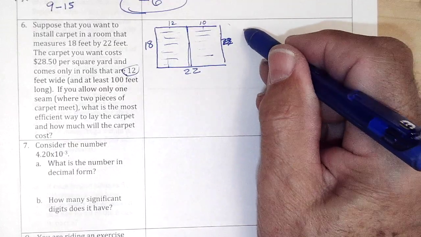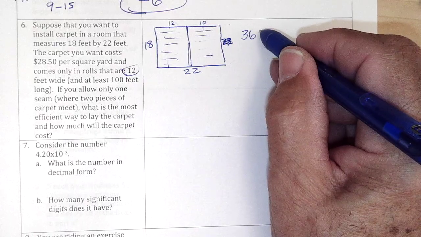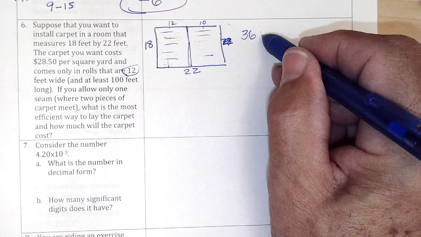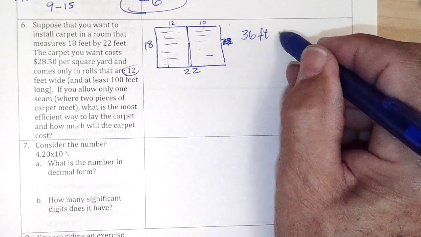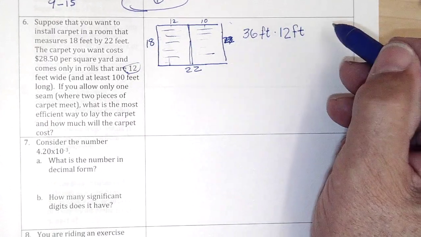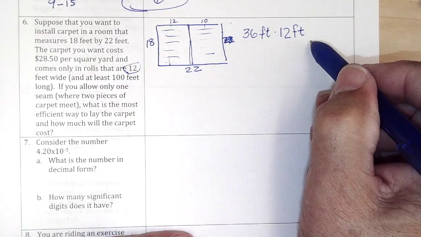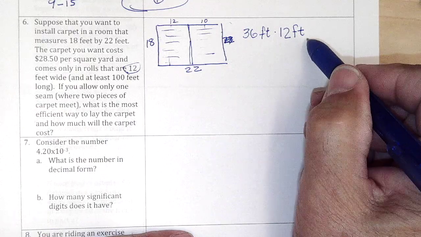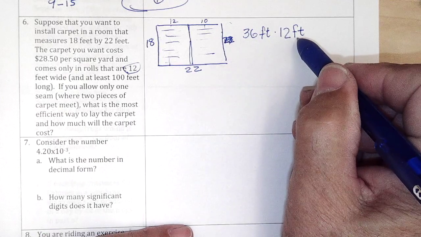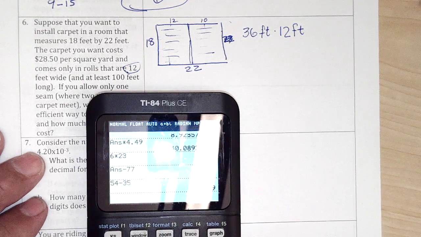So I have to buy 36 foot long roll. That's 12 foot wide. And now I have to convert, so I can work that out and I can get the number of square feet. Let's just go ahead and do that.